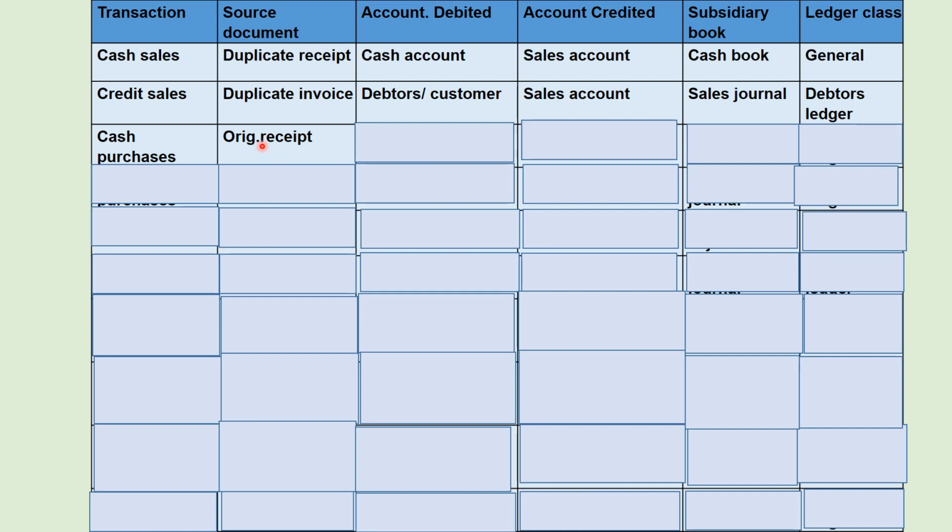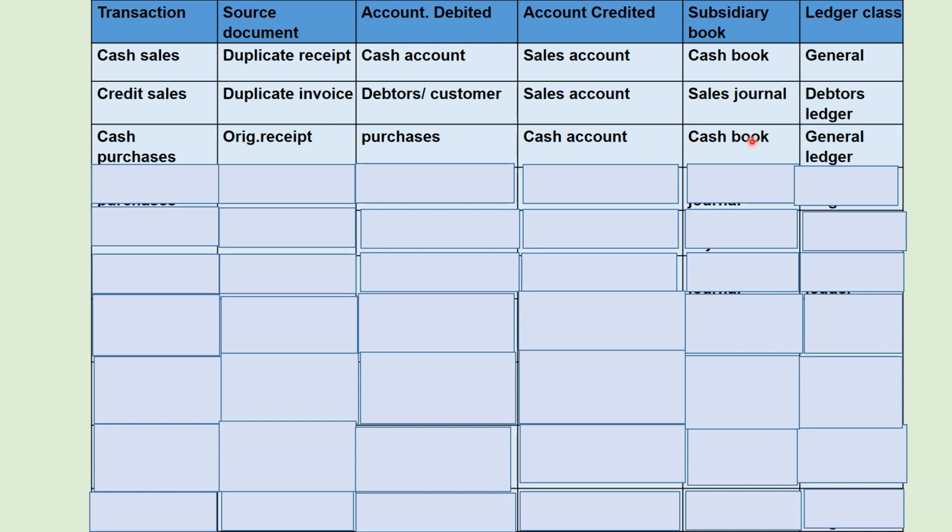Okay, then the accounts that are involved is the cash account and the purchases account. So your cash account will give away money since it has bought. Okay, then the purchases account is going to receive some goods. Therefore, the account to be debited is the purchases and the account to be credited is the cash account. Then the subsidiary book is the cash book and the class of ledger is the general ledger.